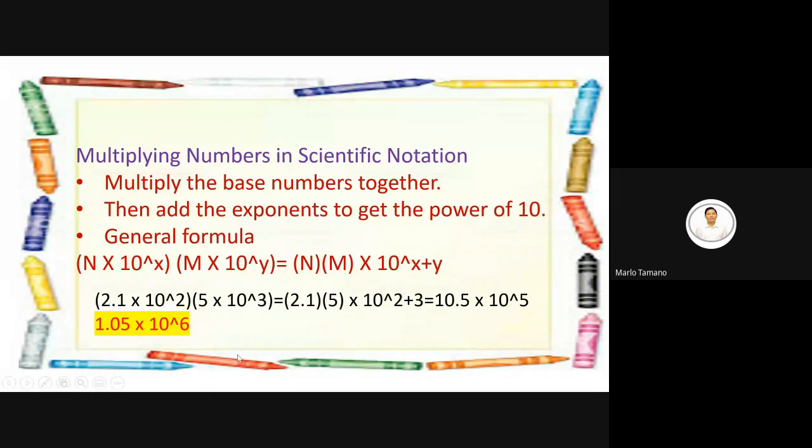So, it becomes 1.05 times 10 to the 6. Bakit po naging 6 yung 5? Okay? If you move 1 place to the left, plus po yon, plus 1. So, 5 plus 1 is 6. May tanong doon? Wala po, sir. O, ganyan lang po yung ating general formula.